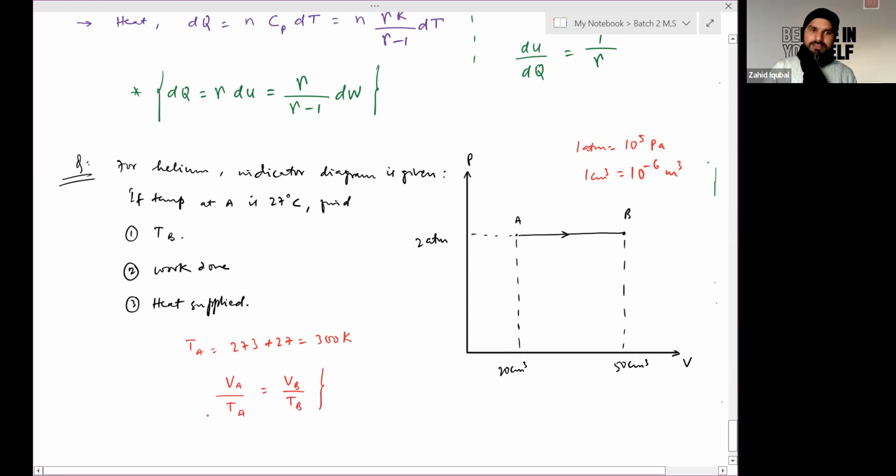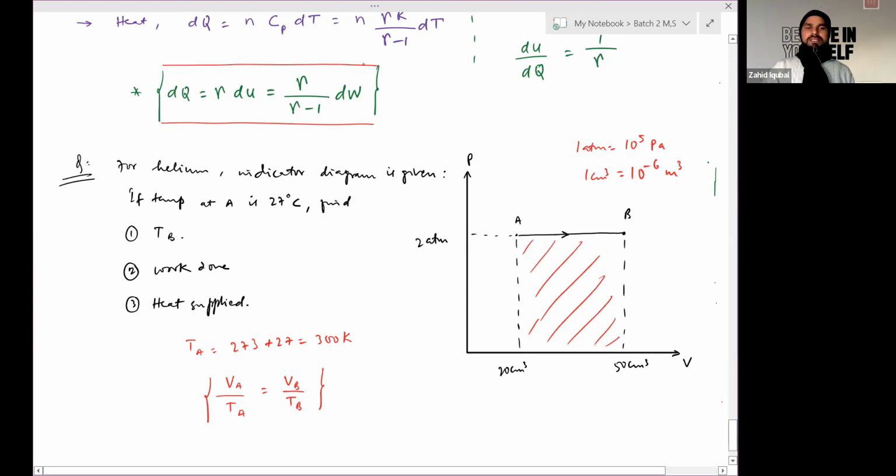Just use this expression and find the temperature at point B. Next, work done is the area under the graph, so use the formula and you will get the amount of work done. For the third part, use the expression which I have derived, the relation between these three quantities, and you will get the amount of heat supplied to the system. Try to solve according to the given terms in the question.